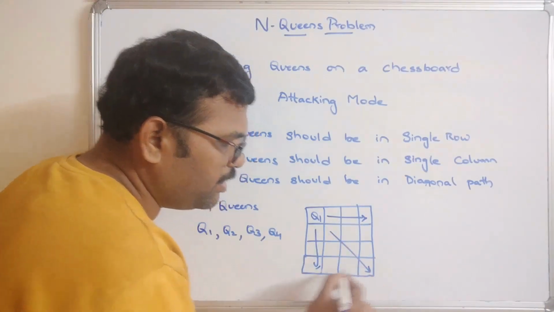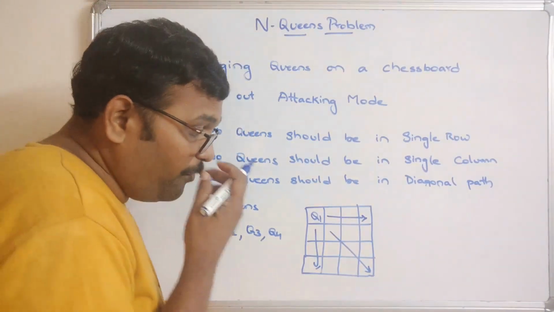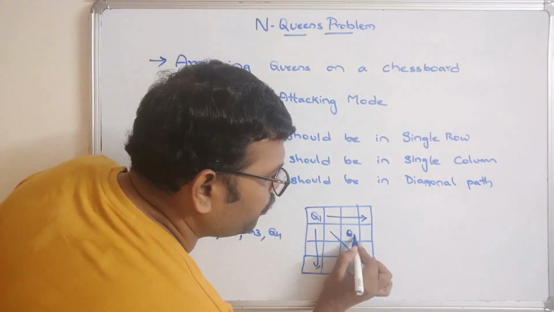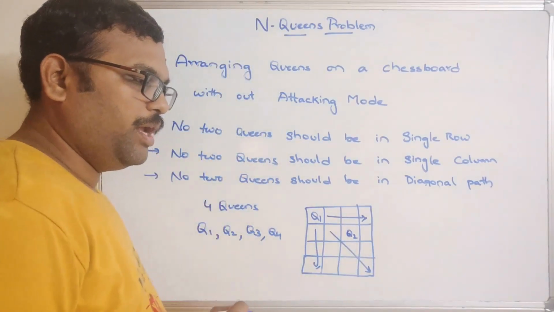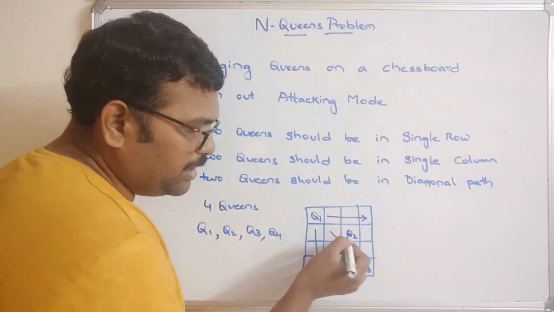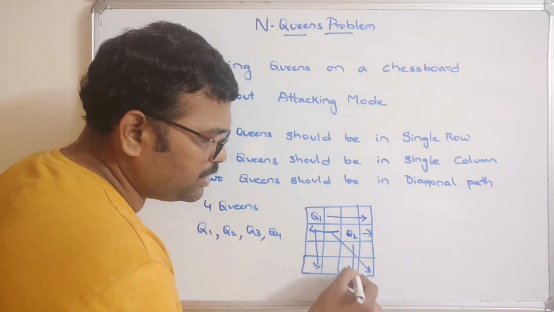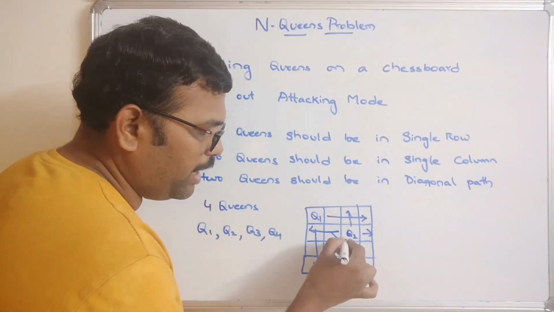So you can arrange queen 2 here. Here also this queen can move this side, this way, and this way.